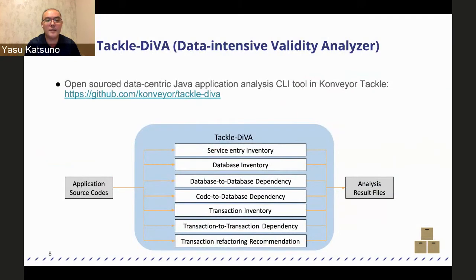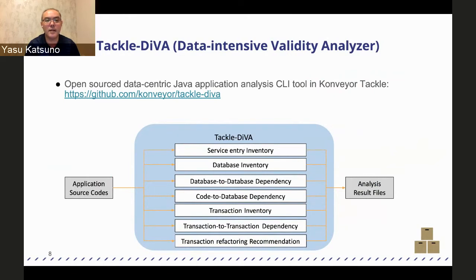So here is the overview of Tackle-DiVA. DiVA stands for Data Intensive Validity Analyzers. This is a new tool for the Tackle project. It is a CLI tool built with Java and Python. We call it data-centric application analysis.